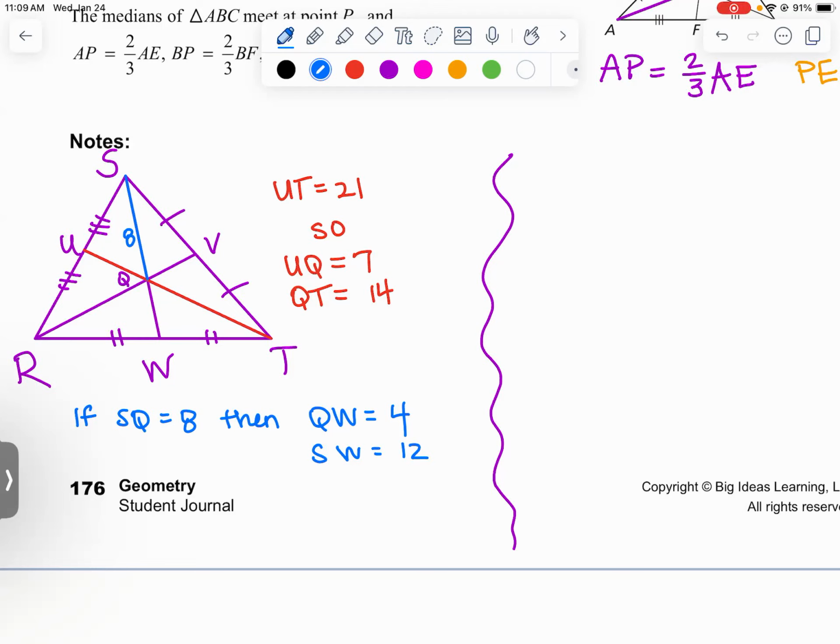I need to work out how I know it's 4 if I don't know that whole segment is 12. You can do one of two things. You could solve an equation: 2/3 times what gives me 8, which means you're multiplying 8 by 3/2. Or you could say SQ is 2/3 of our segment and QW is 1/3. Whatever this 1/3 segment is, the 2/3 segment has to be double.